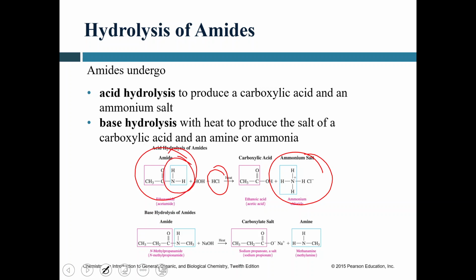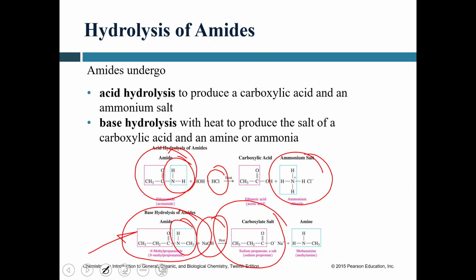Now, if you have an N-substituted amide, like this N-methylpropanamide, and you treat it with sodium hydroxide, you're going to get a salt of the carboxylic acid, in this case sodium propanoate, and the actual amine that was originally used to form this compound. So in this case, methanamine or methylamine.